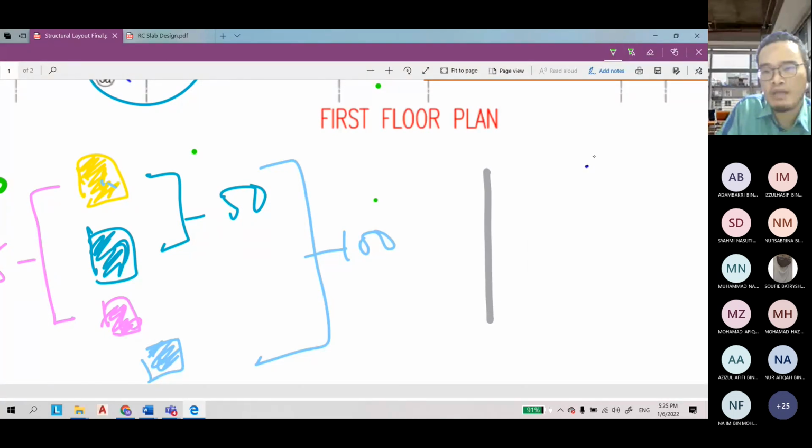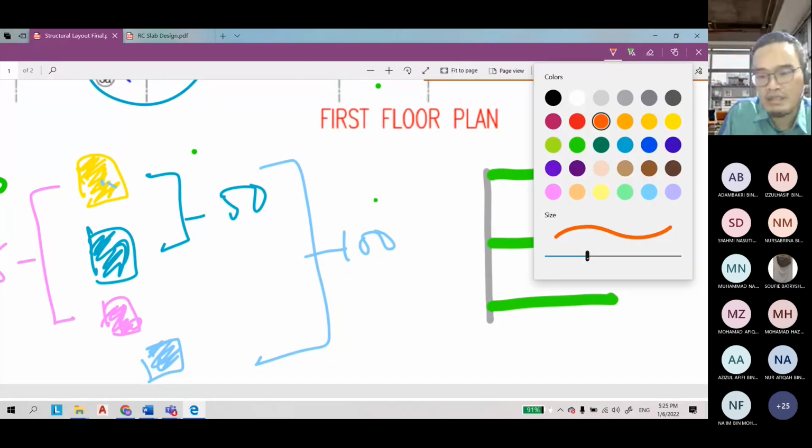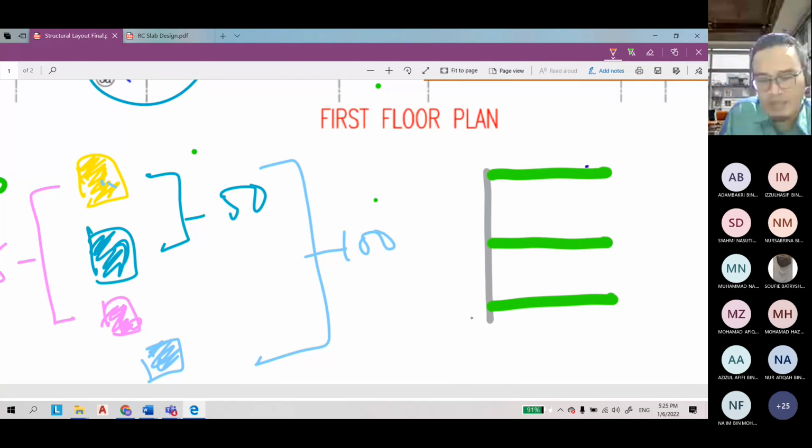Let's say I enlarge this. This is the beam at the roof, this is the beam at the first floor, and this is the beam at the ground floor. The distance from the foundation to the ground is, let's say, 1.2 meters.